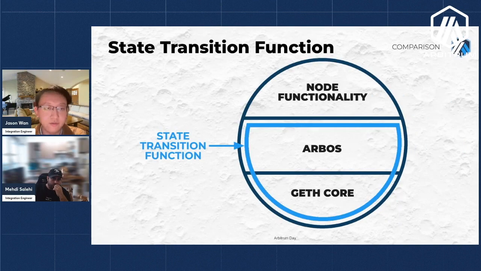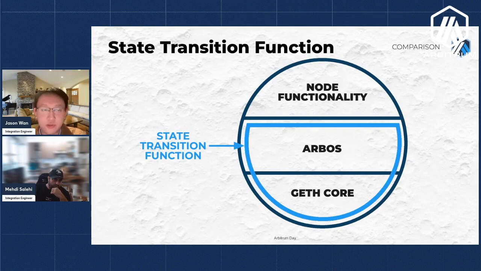From the overview, if you have ever run our Nitro node, you will see we have not only the execution part but also ArbOS and also the node functionality. The node functionality is some RPC which can provide you information about our node, and also some GraphQL functionality.